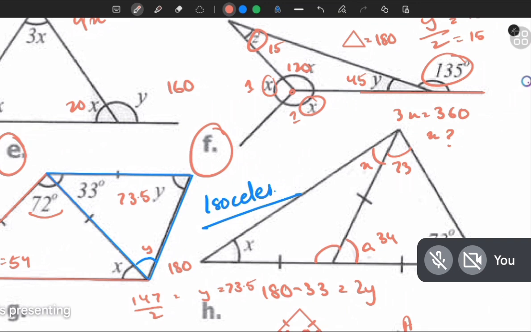Right. So this is 146 degrees, and then when you have 146, you have 2x, which gives you 17 degrees.